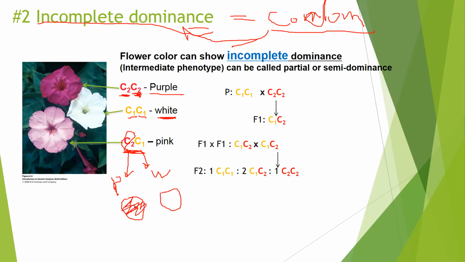If you mix them together, they will give you purple but less purple, right? Some phenotype in between, intermediate phenotypes. In this case, we call this an incomplete dominance, and this will be related to another term, haploinsufficient. We're going to talk about this a little bit later.